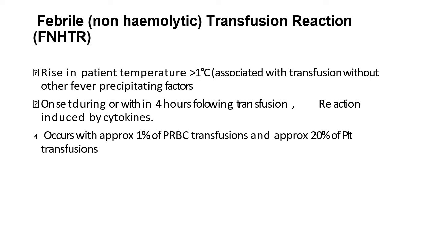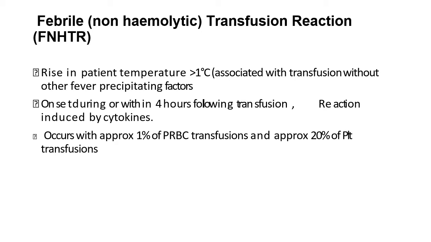First is febrile non-hemolytic transfusion reaction, that is rise in patient temperature of more than 1 degree centigrade associated with transfusion without the other fever precipitating factors. So other fever causing factors should not be there, but it is associated with transfusion, rise of temperature of more than 1 degree centigrade. Its onset is during or within 4 hours following the transfusion.